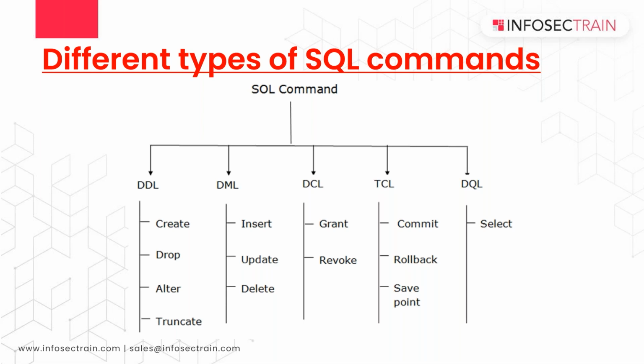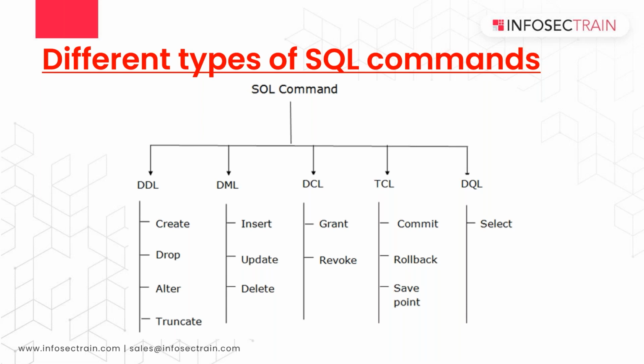Transactions ensure data integrity in a multi-user environment. Now what is data integrity? If you are handling the data, data integration means you are collecting the data from various different sources. That is nothing but data integration.